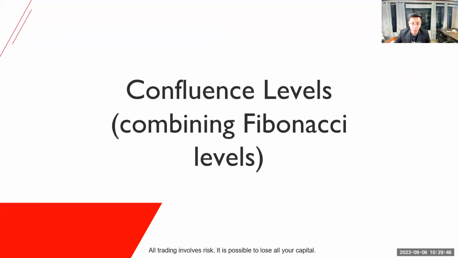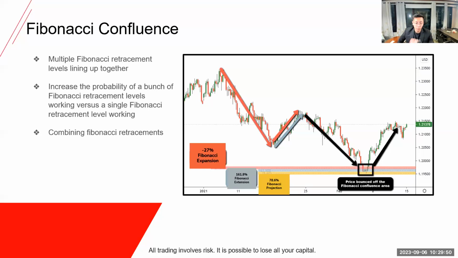All right, so confluence levels. How can we combine your Fib levels? Multiple Fib retracement levels line up together right here, and you can see we have the negative 27.2 Fibo expansion level, so it's this movement down right here.